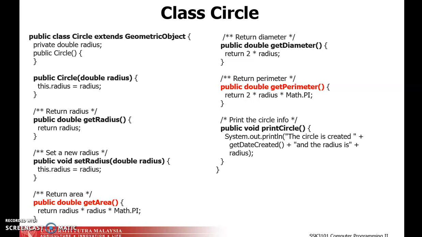However, what we are concerned with right now is how this class Circle implements two abstract methods, which are getArea and getParameter from its superclass. It is clear in the program that the getArea and getParameter methods, colored in red, implement the methods by providing statements to calculate the area of a circle and the parameter of a circle. It's very clear.